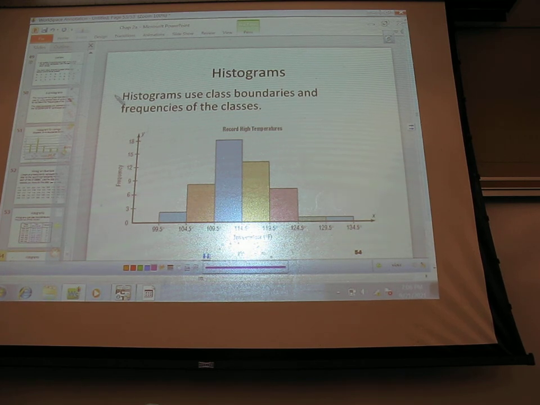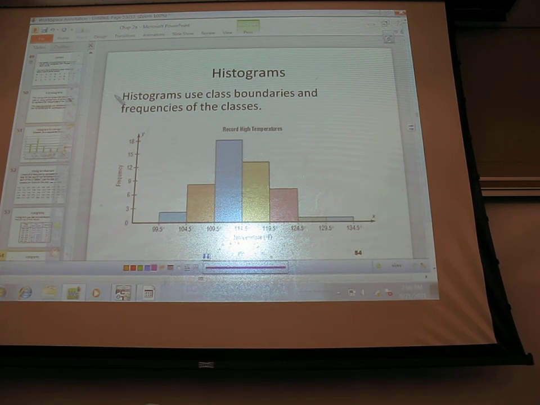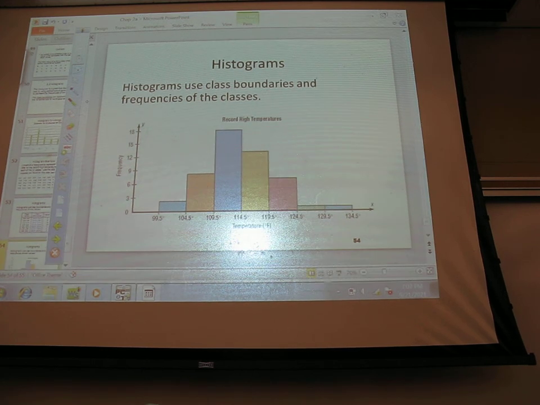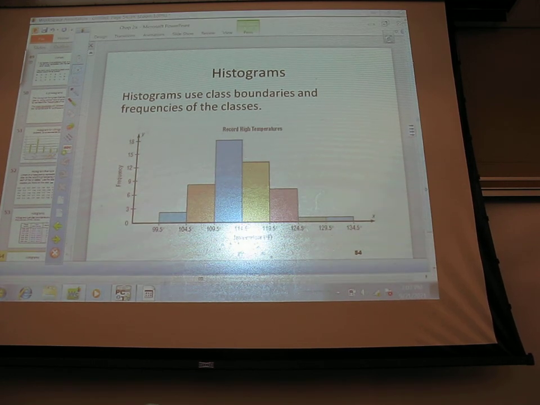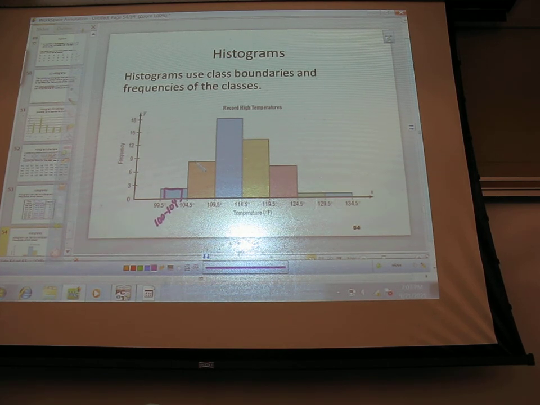Now, if I were to write this with class limits instead, I could, and it would look like this. It would not touch, so this would be 100 to 104. And over here would be 105 to 109.